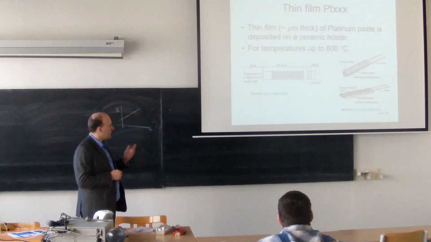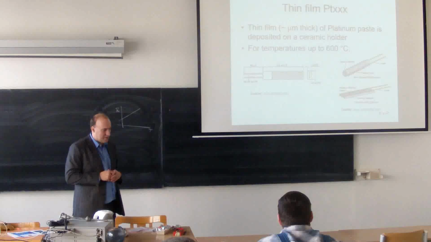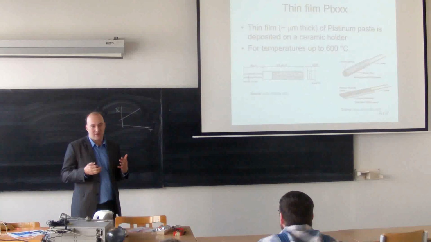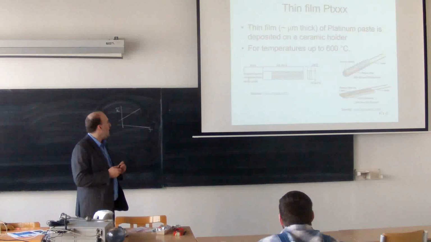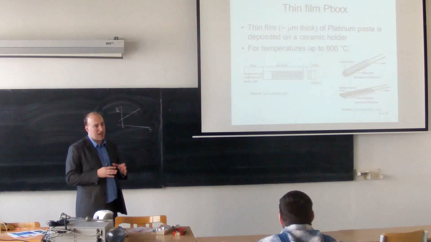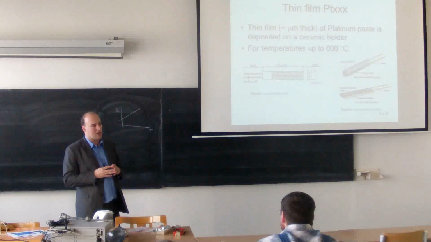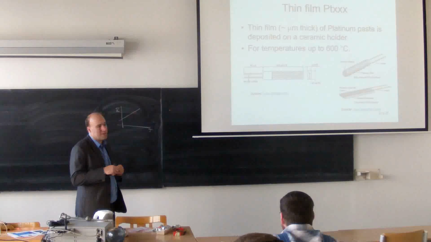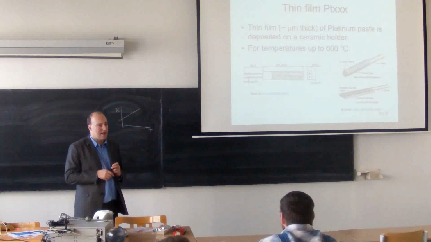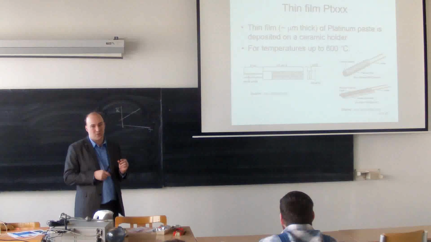The advantage of this thin film version is that it's much cheaper because it uses less platinum than a ceramic or glass PT100. It is a little bit less precise than the PT100 typically used. It can be used approximately for the same temperatures, and also the size is very small.